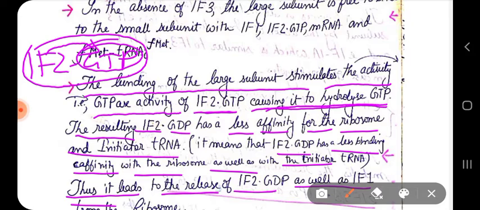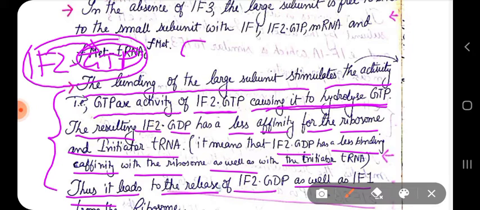So what has happened? A great thing has happened when the large ribosomal subunit binds. The GTPase activity of IF2 has occurred. IF2 hydrolyzes its own bound GTP and makes GDP.